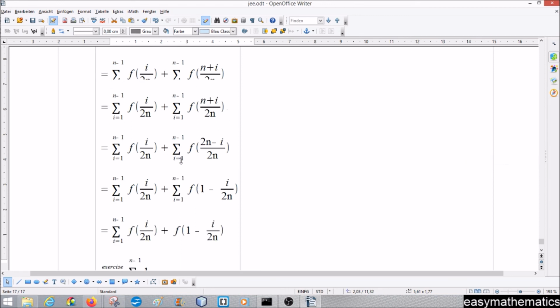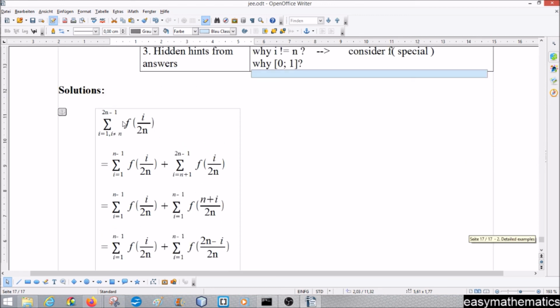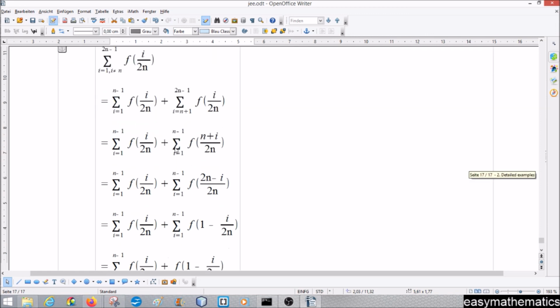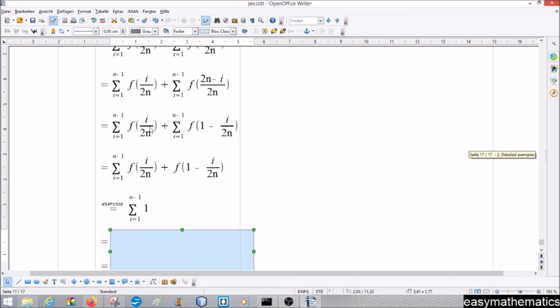Here again, how to spot the symmetry. We play around with this sum and we make use of i is not n, so we can separate this sum. We change the index. We change the order of summation in the right sum. We separate the fraction in the right sum, and now we have our symmetry.